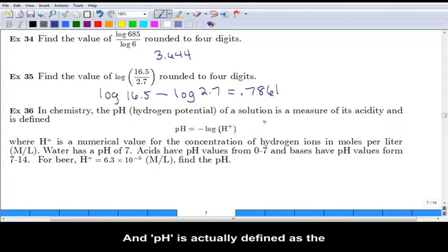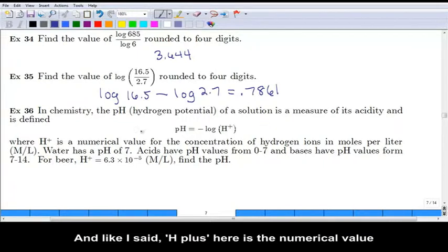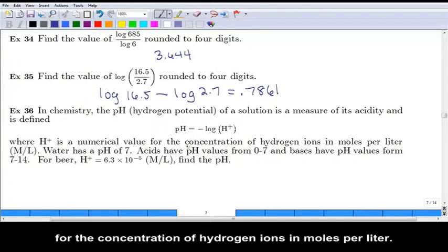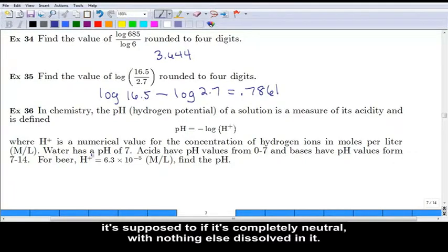And pH is actually defined as the negative common logarithm of the number of hydrogen ions. And like I said, H plus here is the numerical value for the concentration of hydrogen ions in moles per liter. So water is said to have a pH of 7. It's supposed to if it's completely neutral with nothing else dissolved in it.